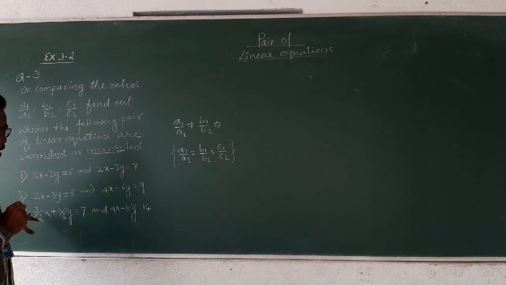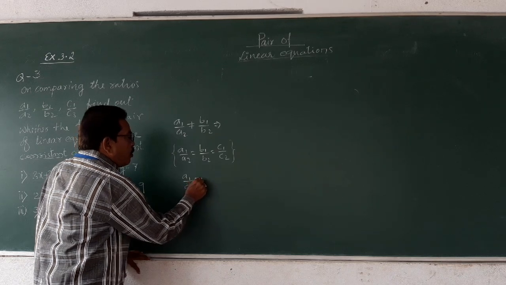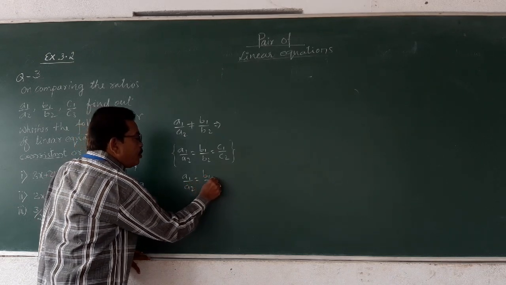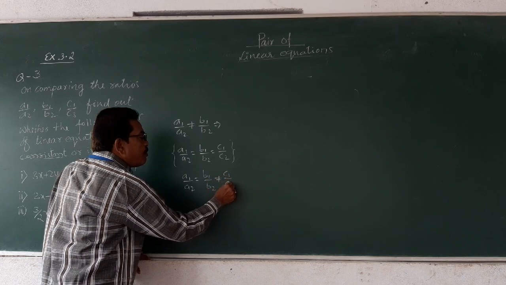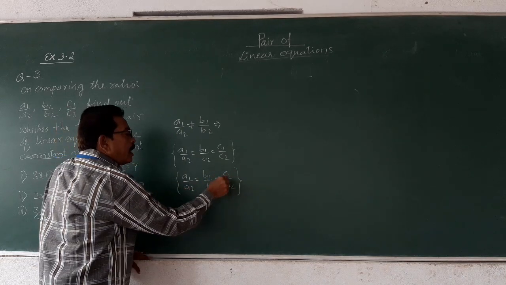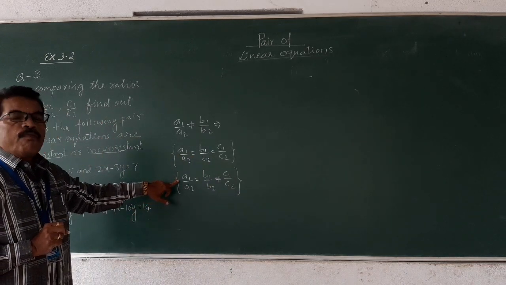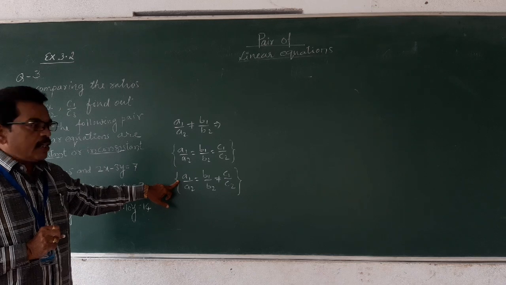If a1 by a2 equals b1 by b2, which is not equal to c1 by c2, the lines are parallel in this case and we do not have a solution.